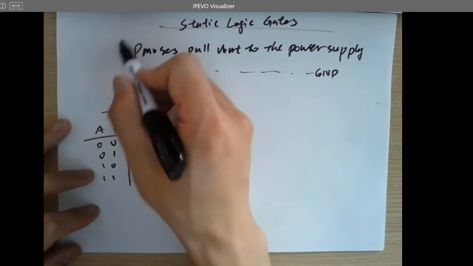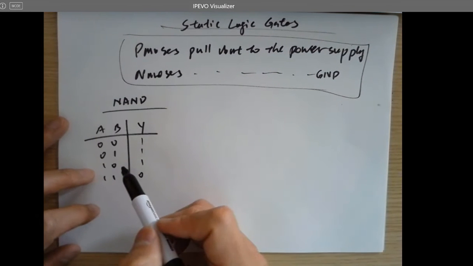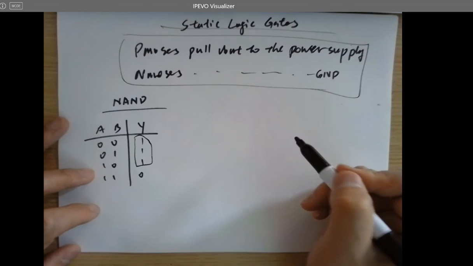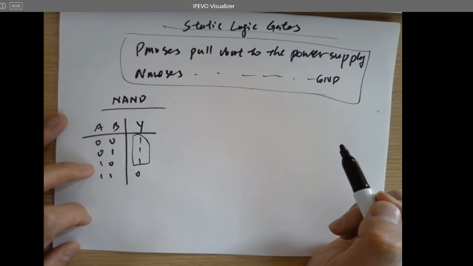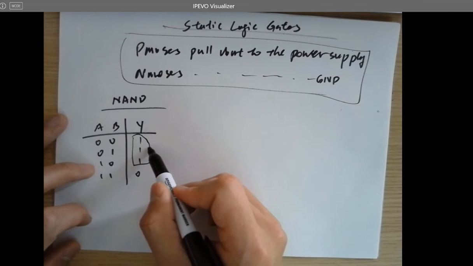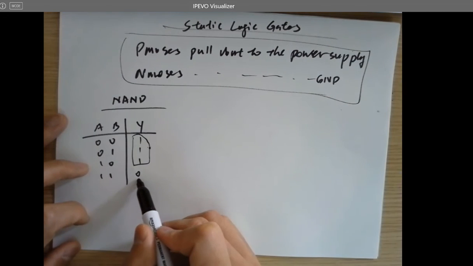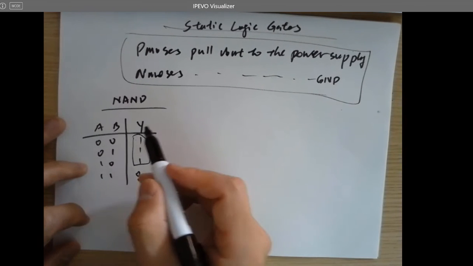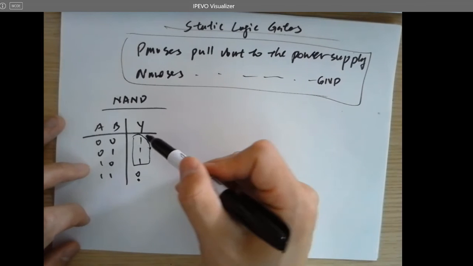If you are using a circuit to implement this logic, these outputs should be implemented by the PMOSes. You need the PMOSes to make this work, and you need the NMOSes to make this work, right? So if you think about the circuit, you want to construct a PMOS circuit to make this happen.